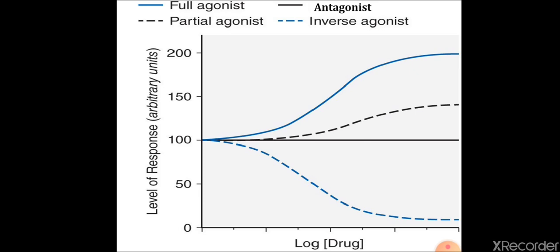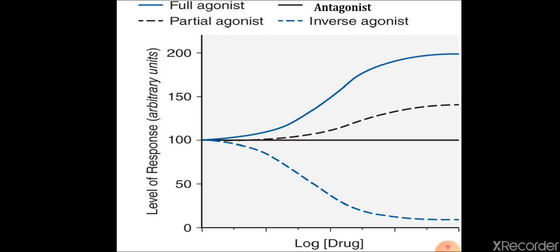Partial agonist has activity in between antagonist and full agonist. You can see here they are agonists. Partial agonists are agonists, but their response is not as similar to full agonist. Their pharmacological response is less than full agonist but more than antagonist. So you can see here the dotted black line, they are partial agonists like pentazocine as we have discussed.